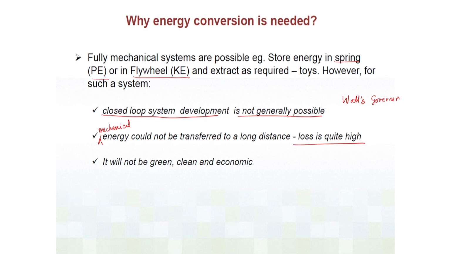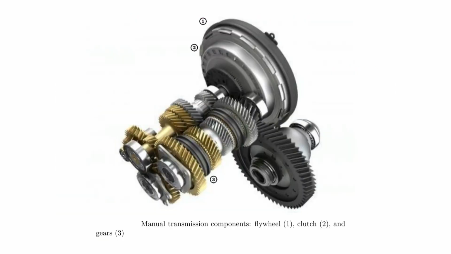So, if I have to take some corrective action at a longer distance, electrical energy is the best. Suppose I am driving something remotely, then electrical energy is the best option. And of course, direct application of mechanical energy will not be green, clean and economic, whereas with electrical energy it is possible. So, all these factors drive us to go away from a fully mechanical system to an electromechanical system.